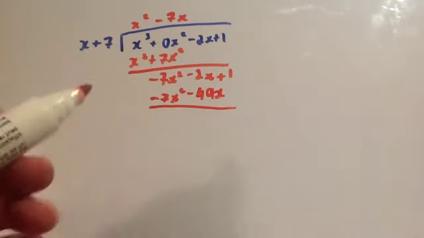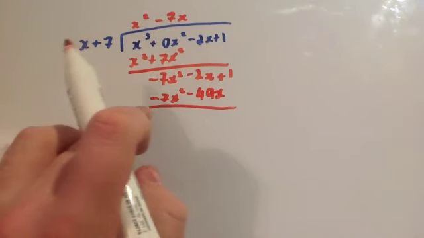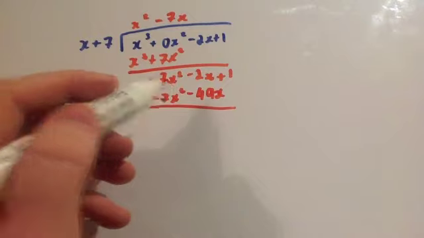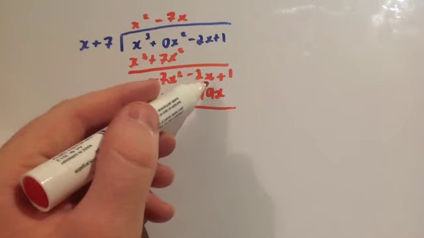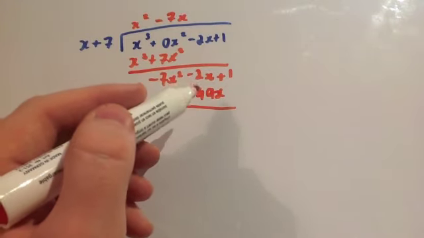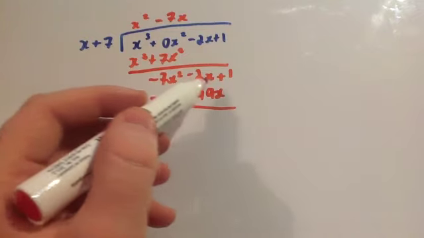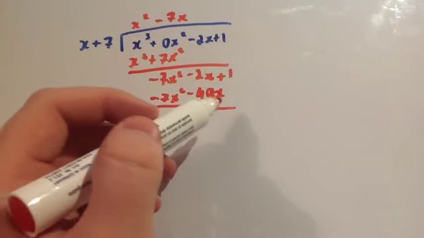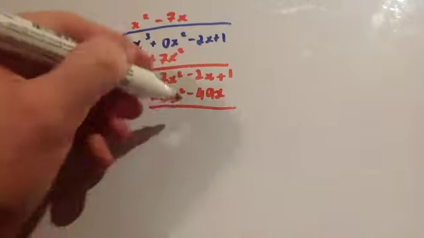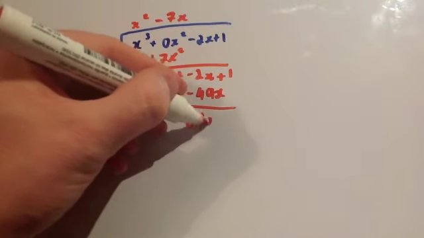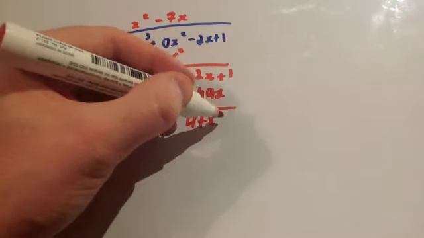And again, take them away. Minus 7x squared minus minus 7x squared would be 0. Minus 2x take away minus 49x, we add 49, so you're going to get 47x. And 1 take away nothing is plus 1.